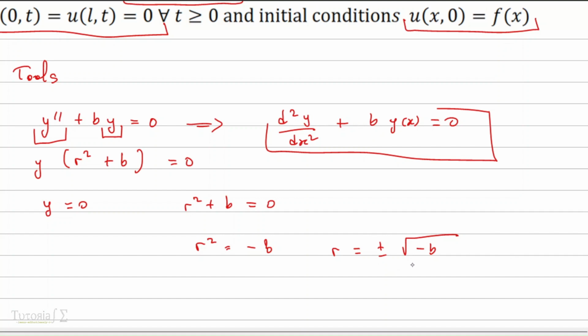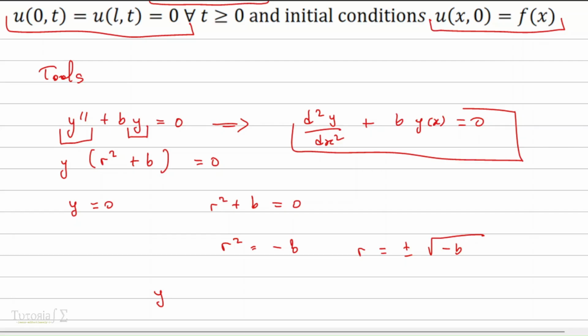Now, the different values of r will determine the final solution of y. So what affects the solution of r is this b here. If b is greater than 0, what type of number is this?